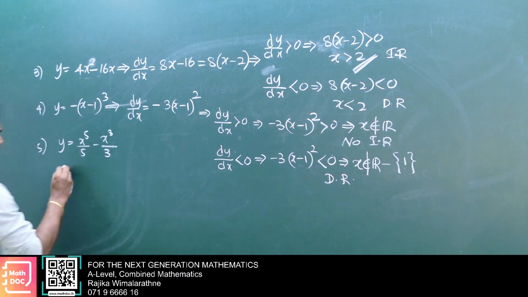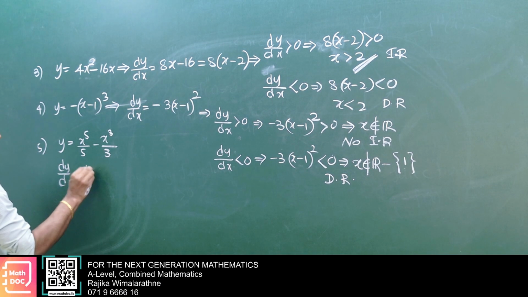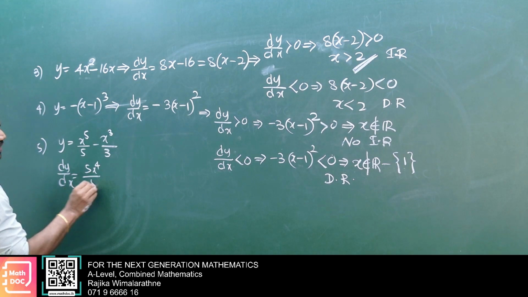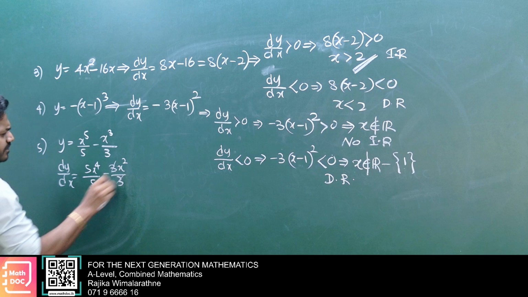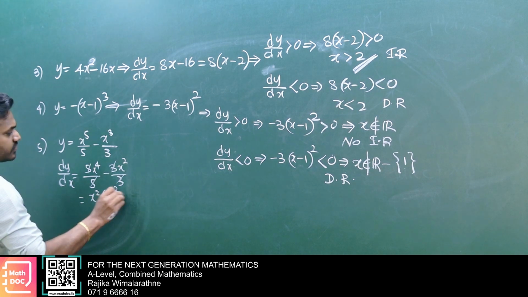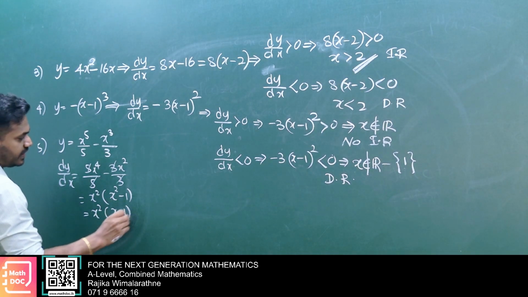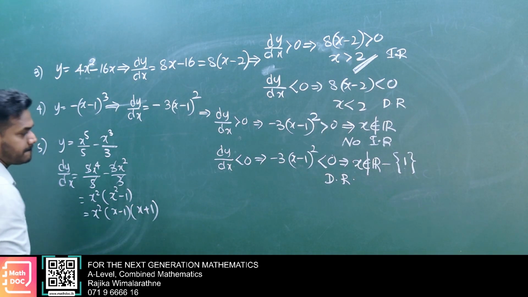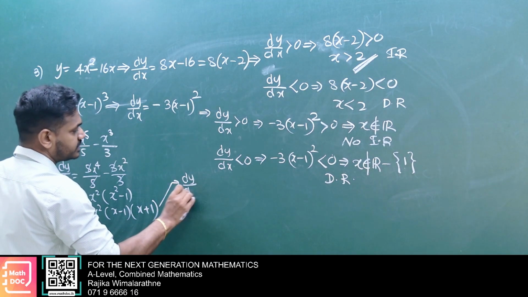Then here in this case, dy by dx is 5x to the power 4 over 5 minus 3x squared over 3. Take x squared outside: x squared (x squared minus 1). You factorize further: (x minus 1)(x plus 1). Then take dy by dx greater than 0.